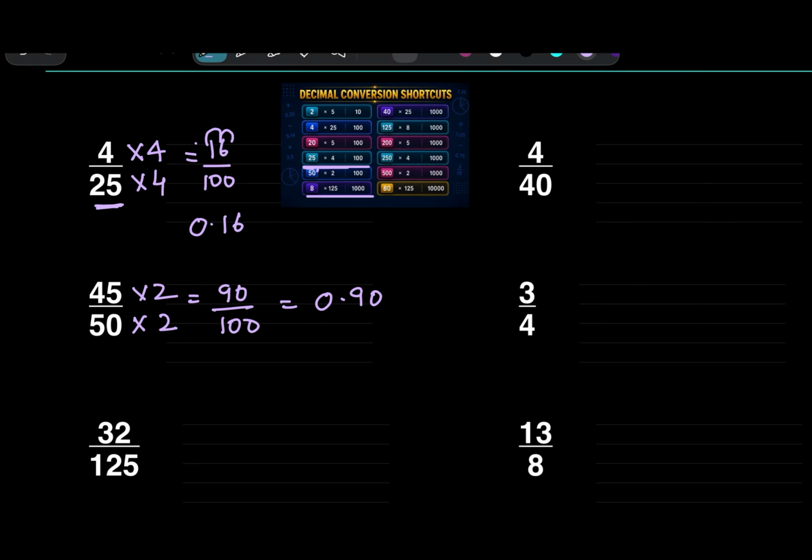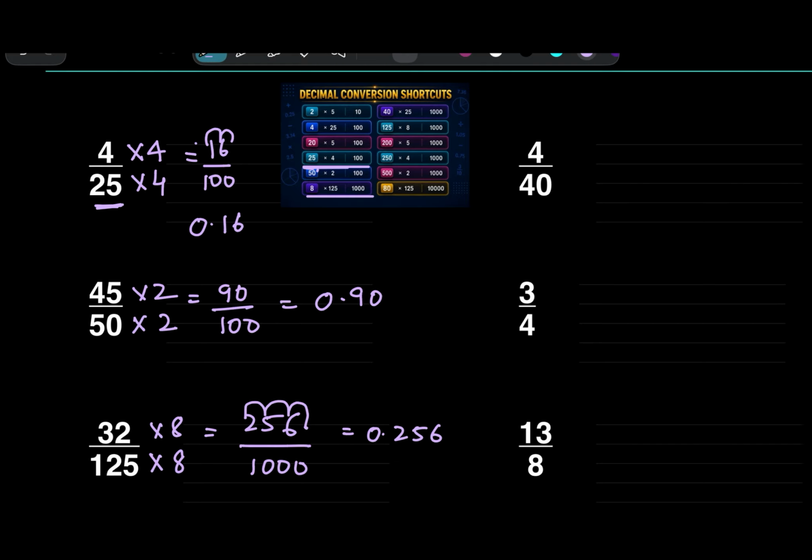So 125 into 8, and 32 into 8. I got 1000 here. What is 32 into 8? 256. Now 256 divided by 1000. We have to jump thrice from here: 1, 2, 3. 0.256. I hope you're understanding what I'm trying to say, guys.